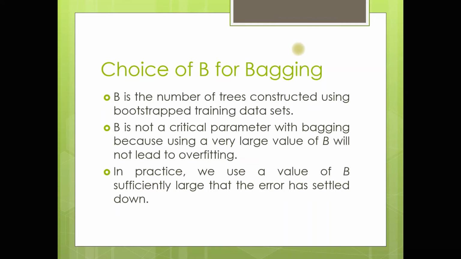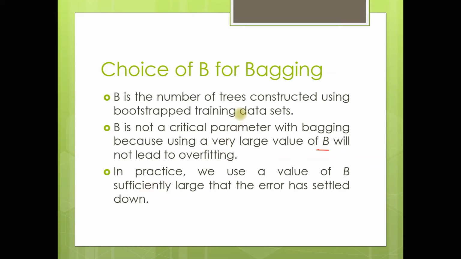Now, how do you decide on the number of bootstrap samples? Normally, when you are applying bagging, you should not worry too much about whether you are taking too large a value of B and think that this has something to do with overfitting. It has nothing to do with overfitting, because just remember something.